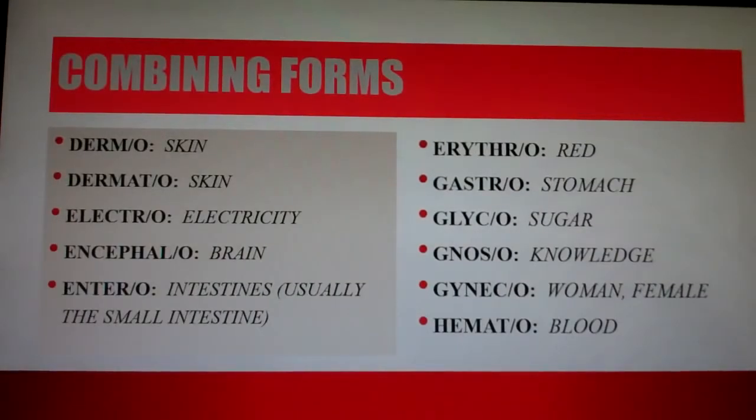More combining forms. Dermo and dermato both mean skin. Electro means electricity. Encephalo, not to be confused with cephalo, which means head. Encephalo means brain. Entero means intestines. It usually refers to the small intestines.